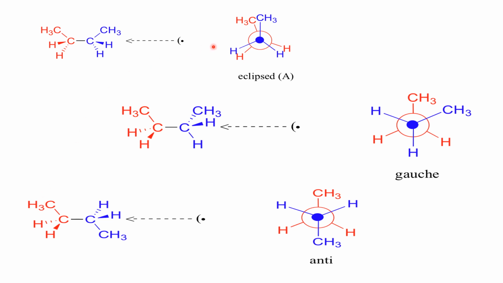So the three extreme conformations of butane are fully eclipsed, gauche and anti. Between eclipsed, gauche and anti, there lie an infinite number of conformations which are possible due to the rotation of the C2-C3 carbon bond.